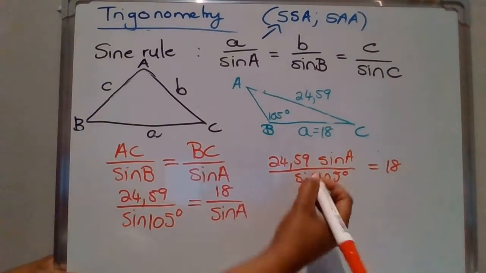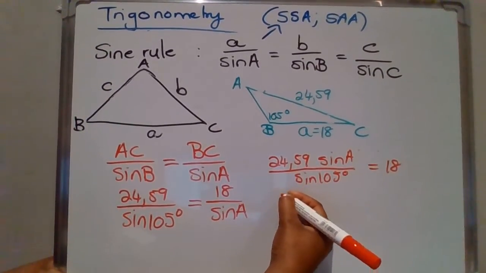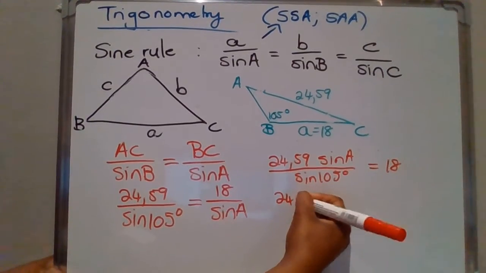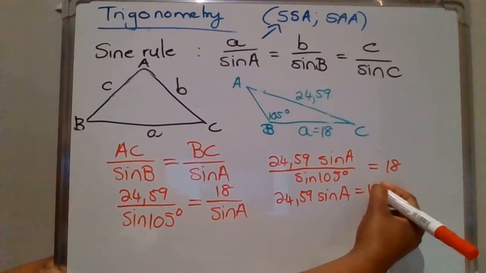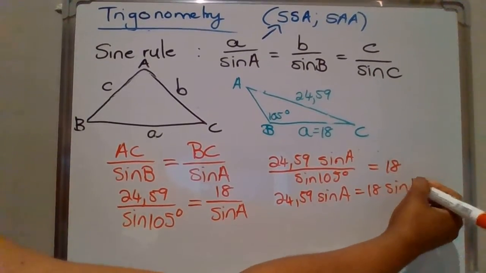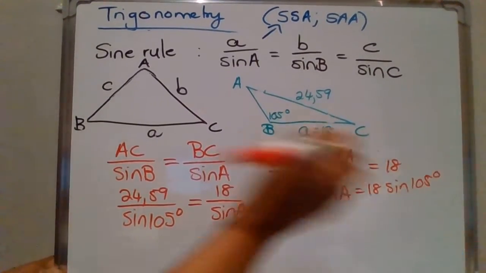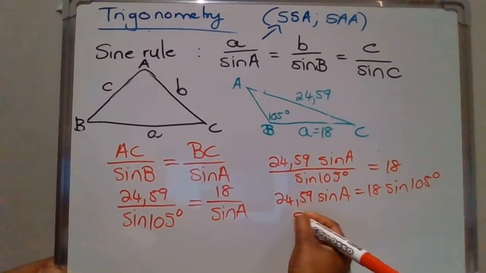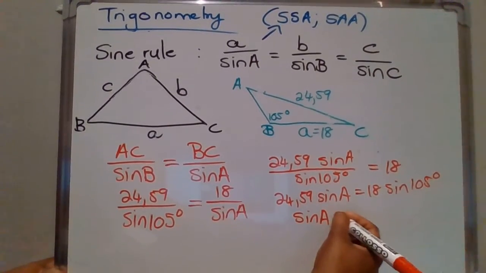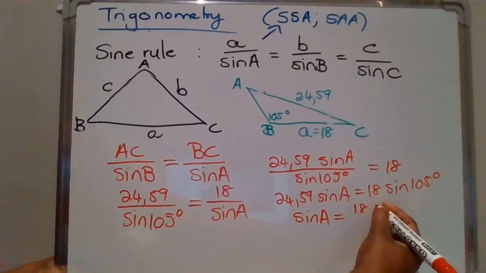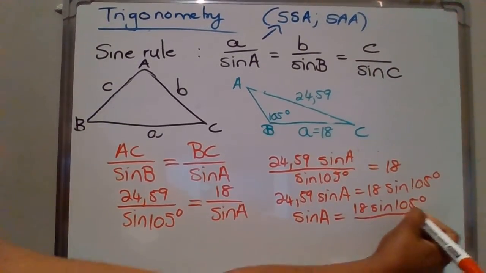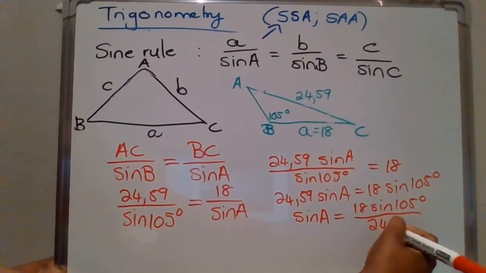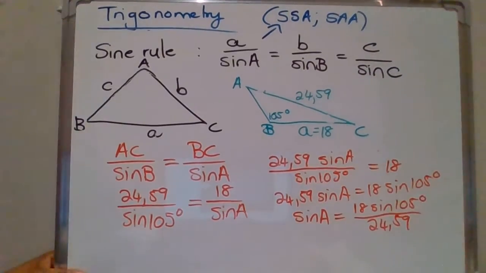So then I have 24.59 sine A is equal to 18 sine 105 degrees. And I have sine A is equal to 18 sine 105 degrees divided by 24.59. So it's up to you.